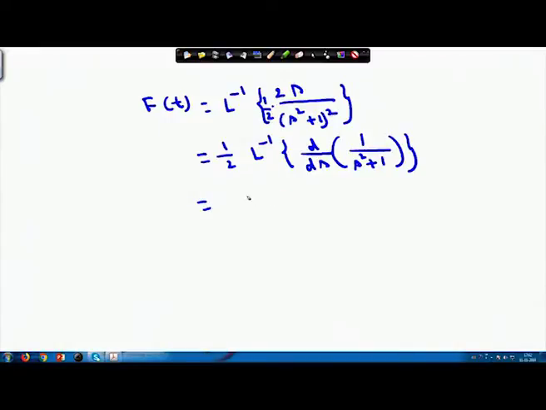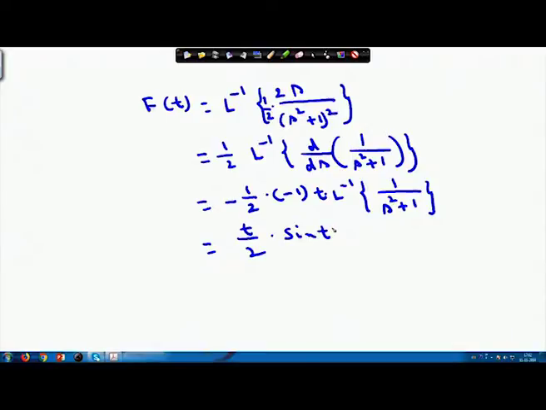This equals minus half into minus 1 into t to the power 1 into t times Laplace inverse of 1 by s square plus 1, from this d/ds. This becomes t by 2, and Laplace inverse of 1 by s square plus 1 is sin t.